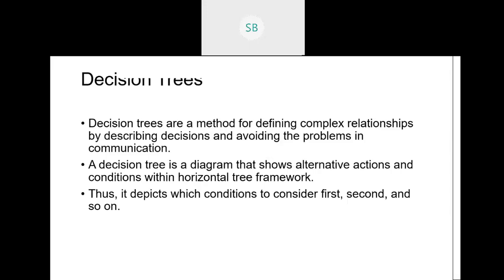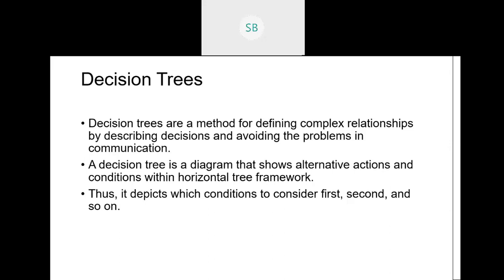Okay. Moving next, we have the decision tree. A decision tree is used when we have a bit of a complex relationship, so we can define it and avoid problems in communication.